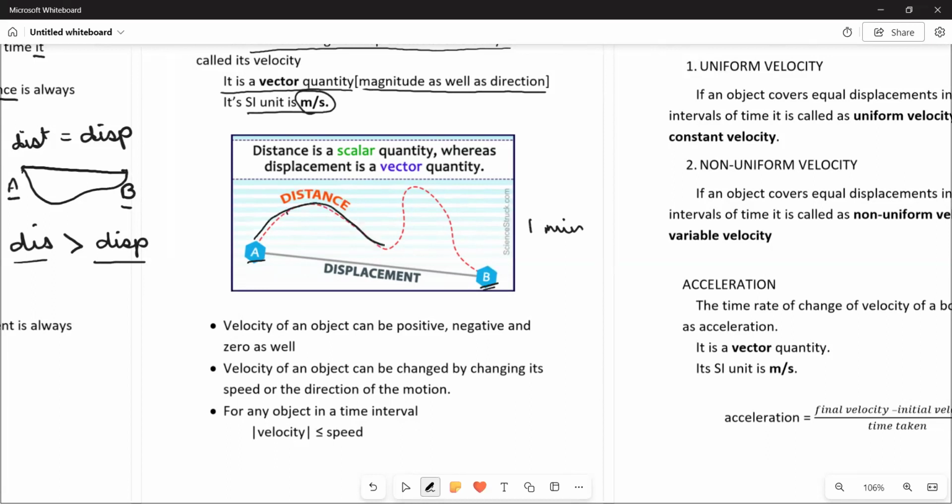It has more length as compared to this displacement, right? This displacement is shorter than the distance. Say this distance is 100 meters, but this displacement was just 70 meters.